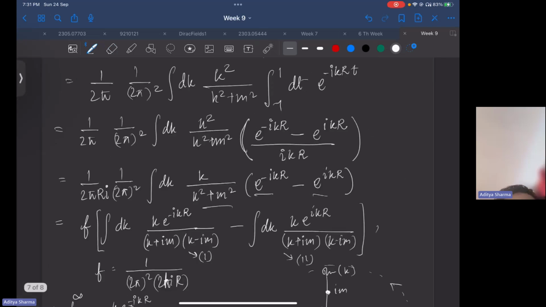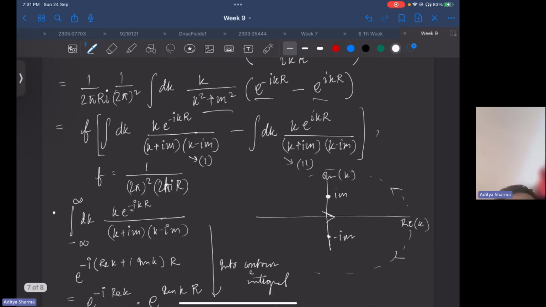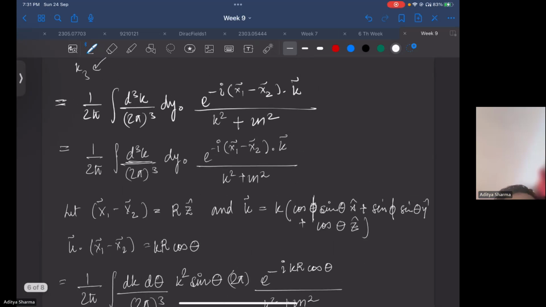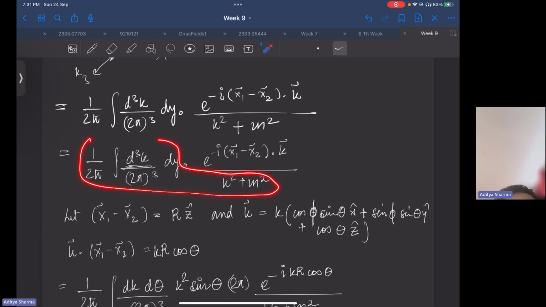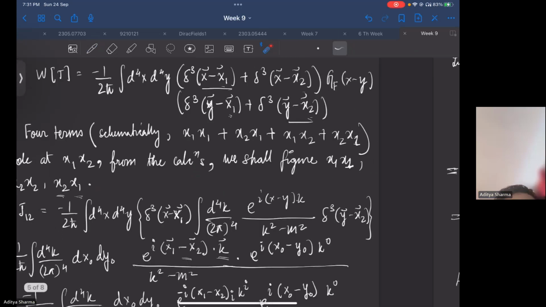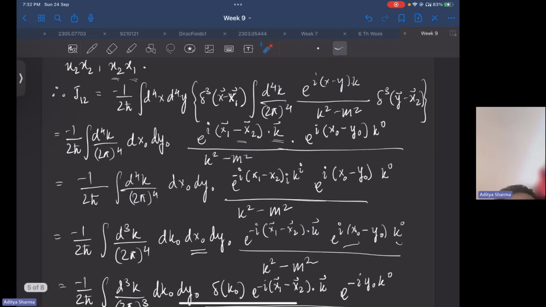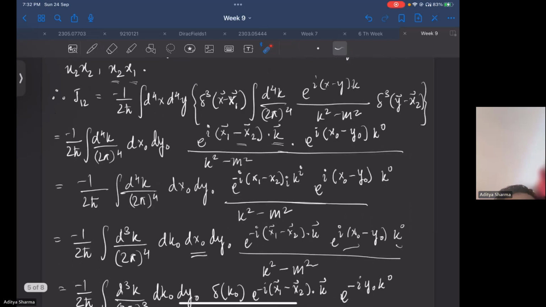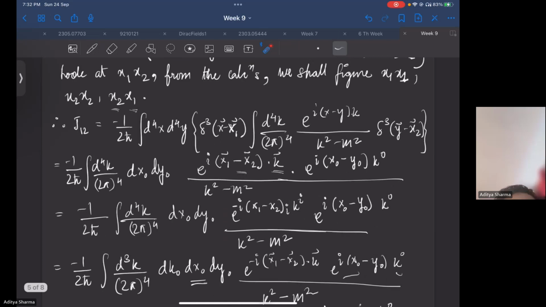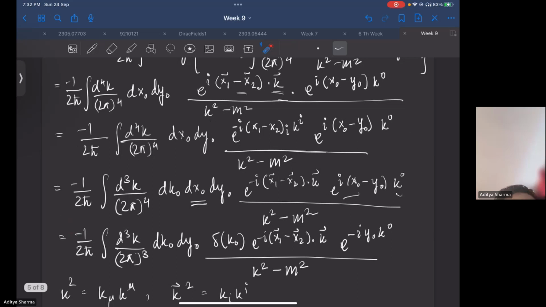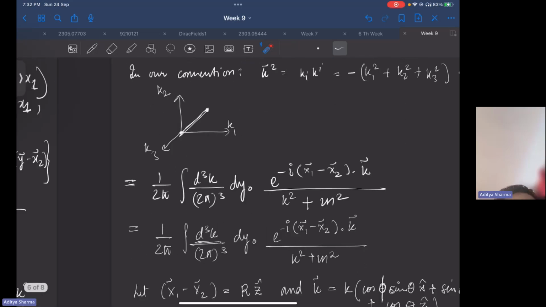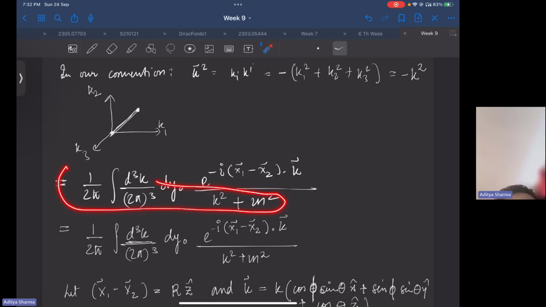But what you're going to find is that this term does not contribute. That is what I want to say. So what you're going to end up with is this part, which is going to be integrated, and in the end, you're going to have this part.